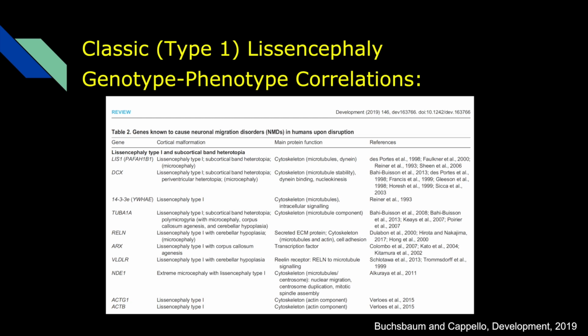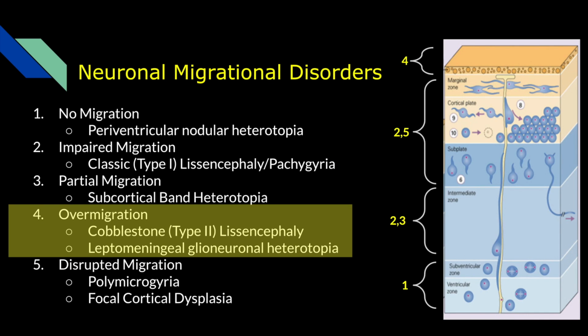Again, there are a growing number of genes that are being implicated. Most of them are involved in neural migration, but just to keep it current, I added this nice reference here. So moving on to overmigration.